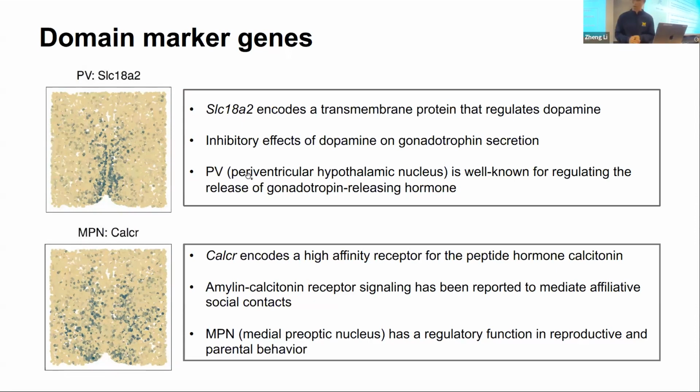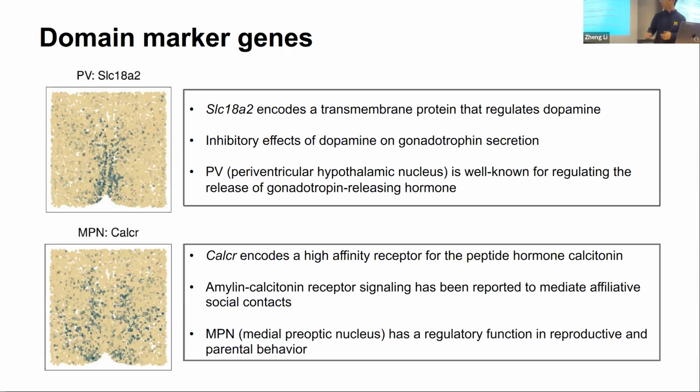Another good example is this CALCR gene. This is a domain marker gene for the medial preoptic nucleus. CALCR encodes a high affinity receptor for the peptide hormone called calcitonin. And amylin calcitonin receptor signaling has been reported to mediate affiliative social contacts.